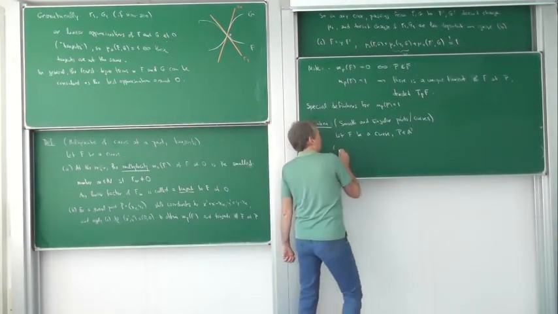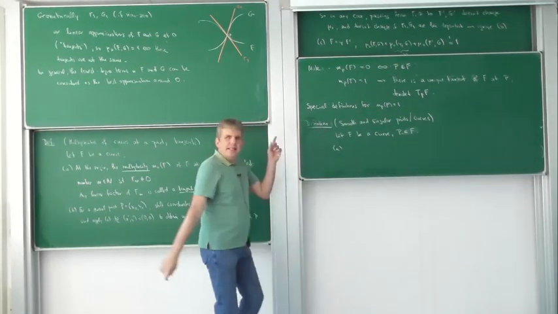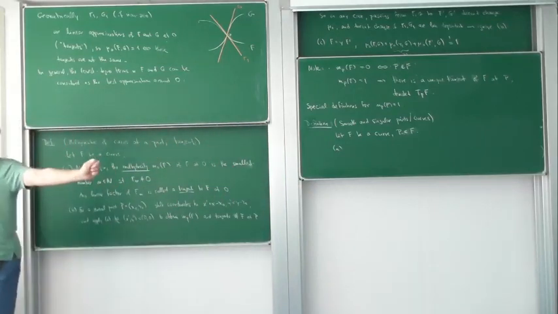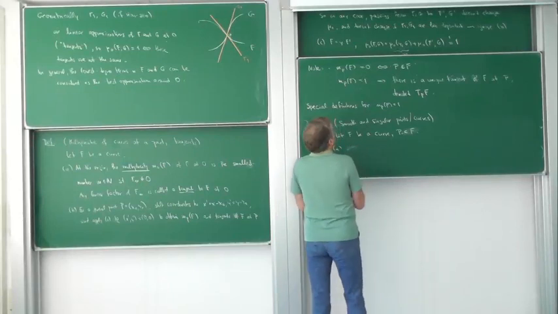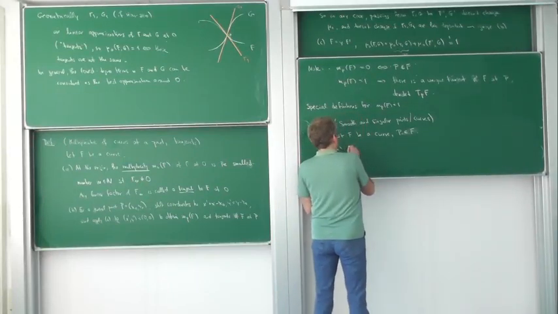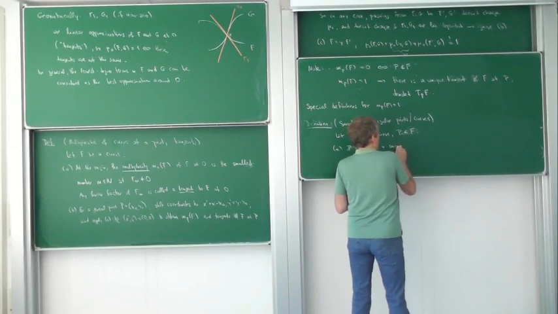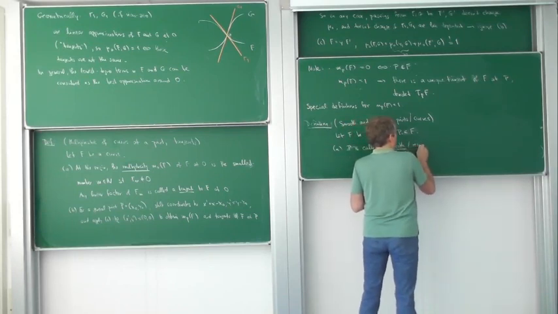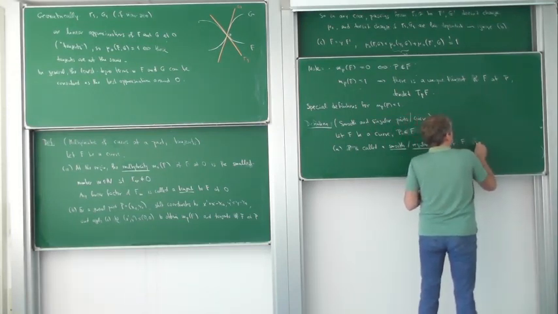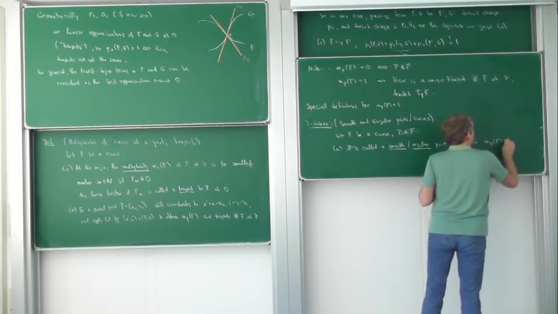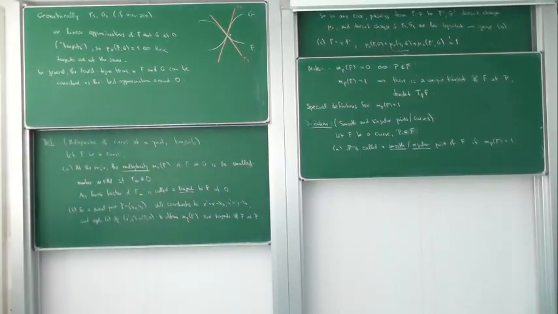Then, and it should actually be on the curve, so P in F, we say that P is a smooth point if this multiplicity is 1. That's the definition for us here. There are several equivalent ways to define that, but that would be one. So P is called a smooth point, or some people also say a regular point, of F if this multiplicity is equal to 1. Otherwise, if it's not, it's called a singular point.